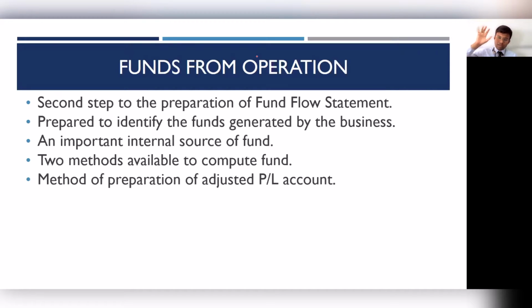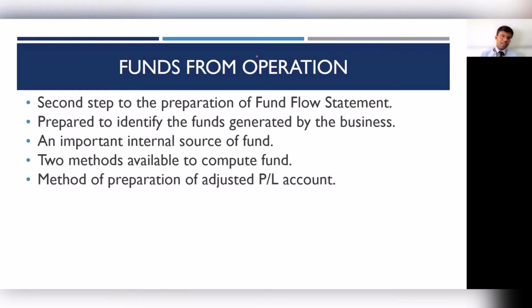We will be given the net profit. To the net profit, we add back all the indirect expenses, and we subtract out all the indirect incomes so that we can compute how much is the fund from operation.